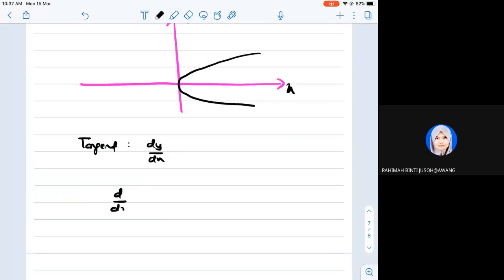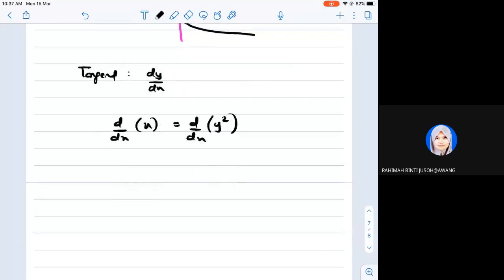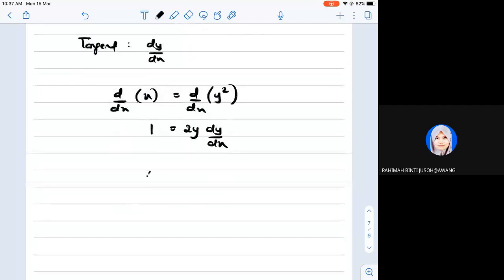So d dx of x equals to d dx y squared. Macam tu. So of course dx over dx is 1. Differentiate y squared with respect to x, we will get 2y dy dx macam ni kan. So now dy dx is equals to 1 over 2y. Macam tu.